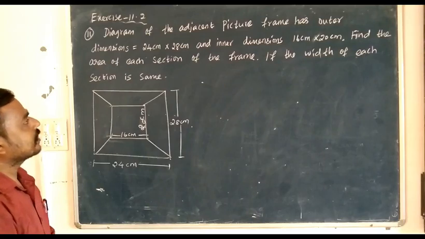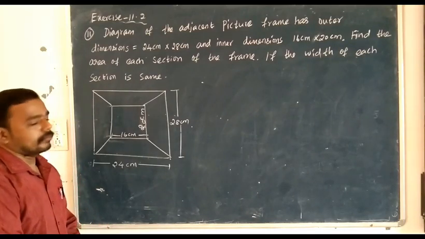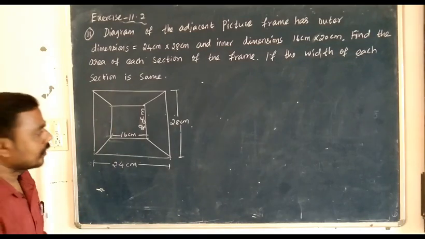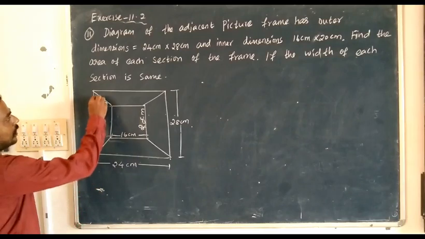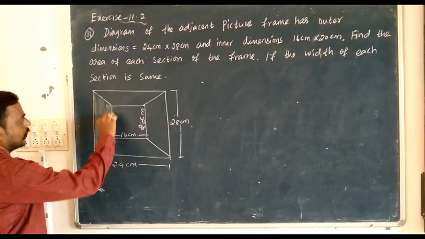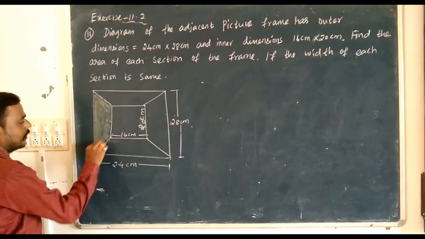Find the area of each section of the frame. They are not asked to find the area of the frame, but each section. Each section means this is only the section, and this is the section.